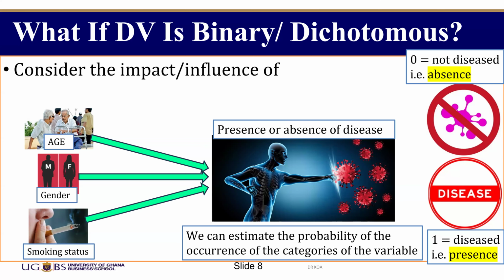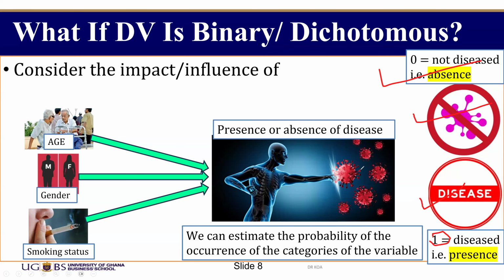To detect whether the disease is absent, which is 0, not diseased, this first one is not diseased, which is symbolized by this. And then the possibility of the person having that disease is given as 1 here.